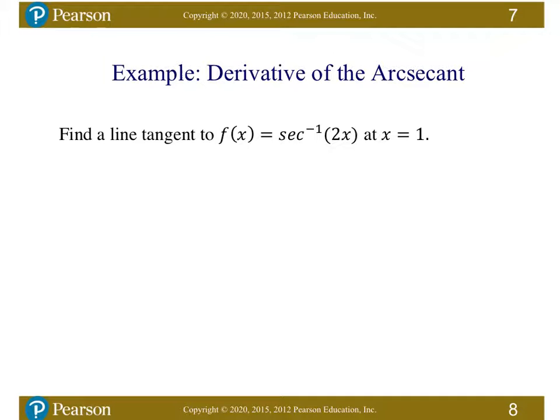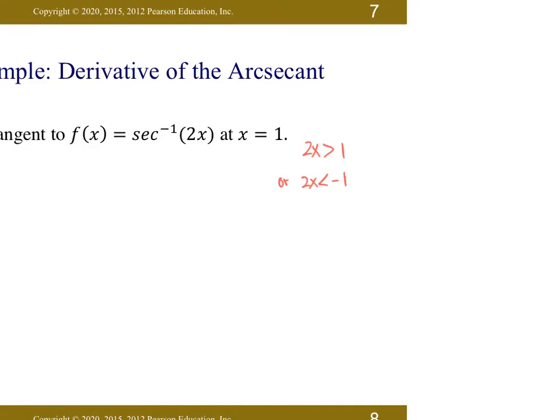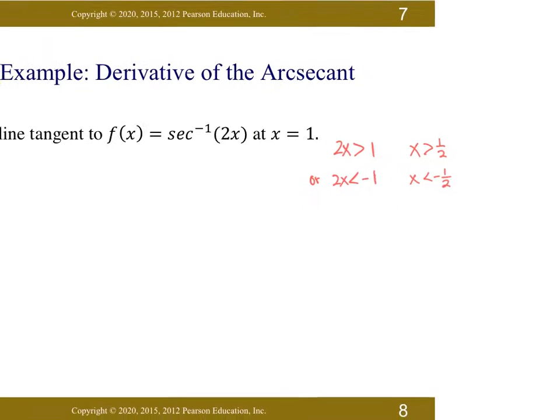So 2x must be either greater than 1 or 2x must be less than -1. And the implication on those then is that x must be greater than 1/2 or x must be less than -1/2. And x equals 1 falls within that domain, so we are fine to continue.